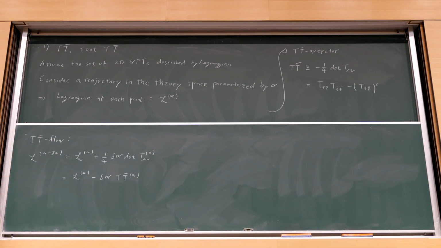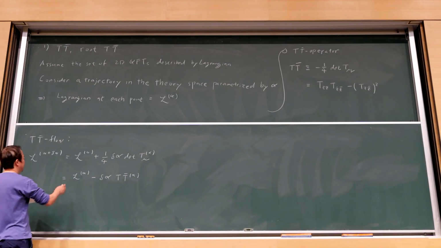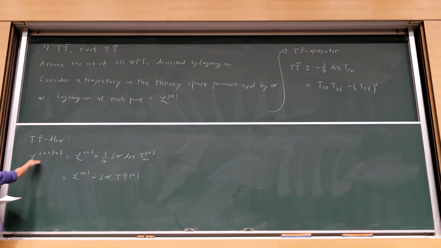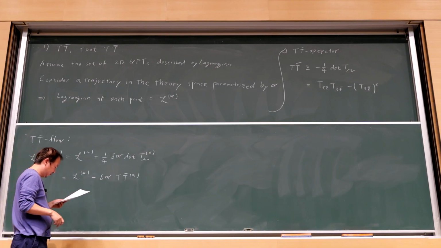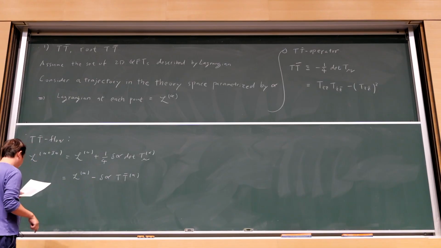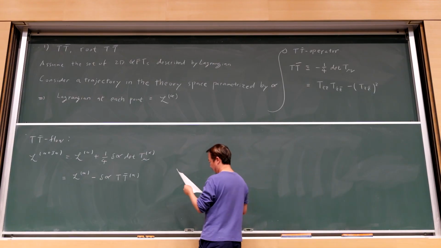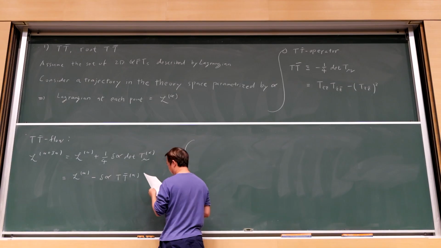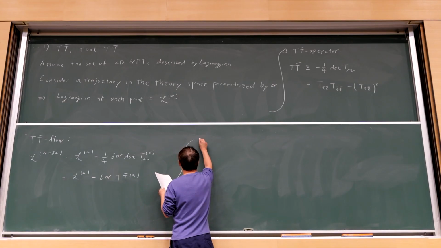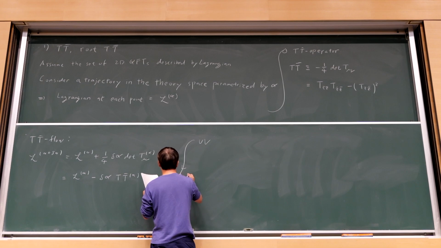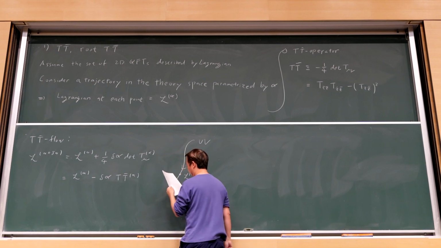So this one may be a bit weird because the deformed theory is shifted to infinitesimally deformed L alpha plus del alpha. So the deformed theory is a slightly deformed theory. The picture of this flow is like this. So this is UV and this is IR. This point corresponds to alpha.